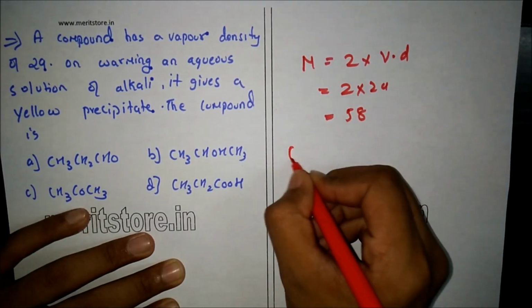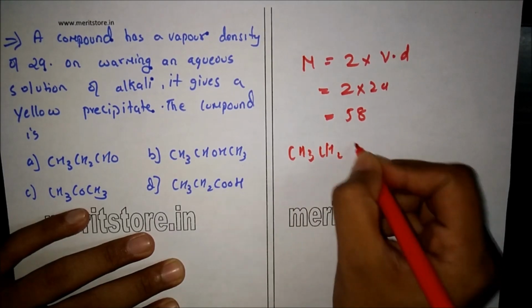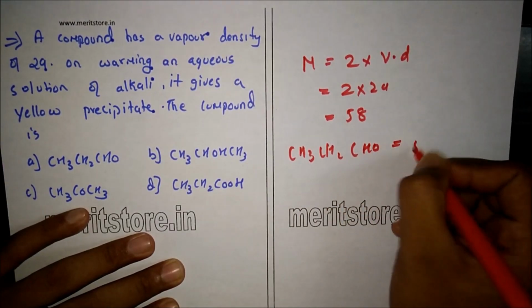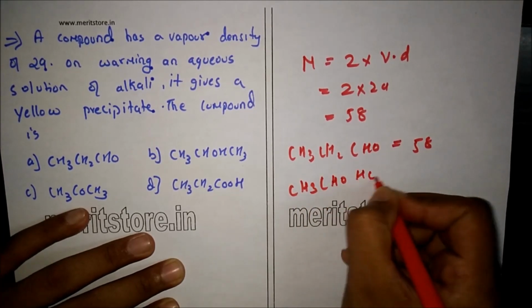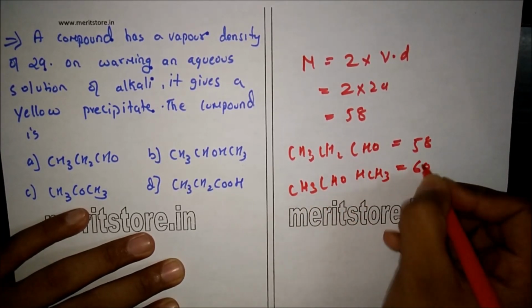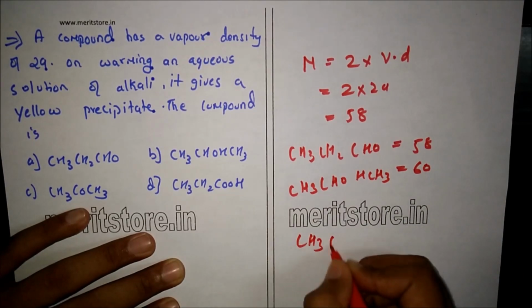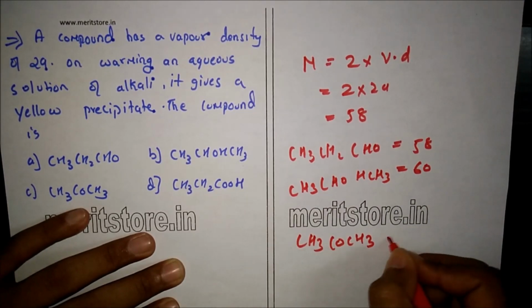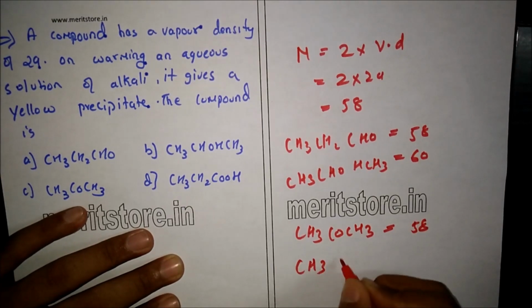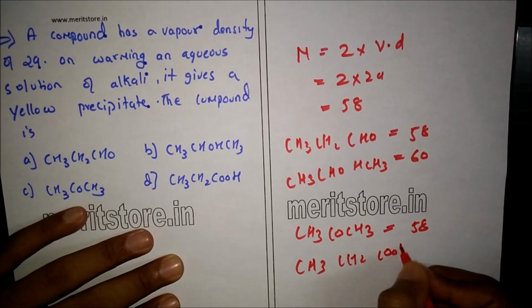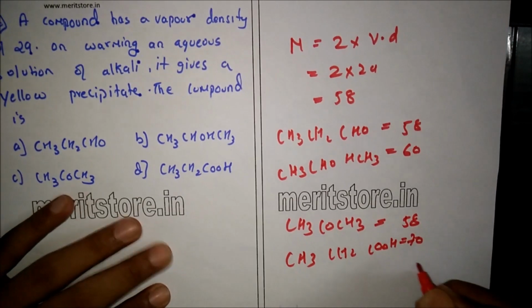Now, the molecular weight of CH3CH2CHO, which is option A, is 58. The molecular weight of CH3CHOHCH3, which is option B, is 60. The molecular weight of CH3COCH3, which is option C, is 58. And the molecular weight of option D, which is CH3CH2COOH, is 74.